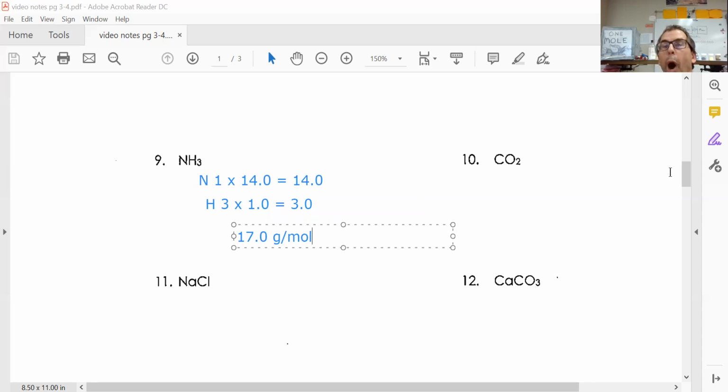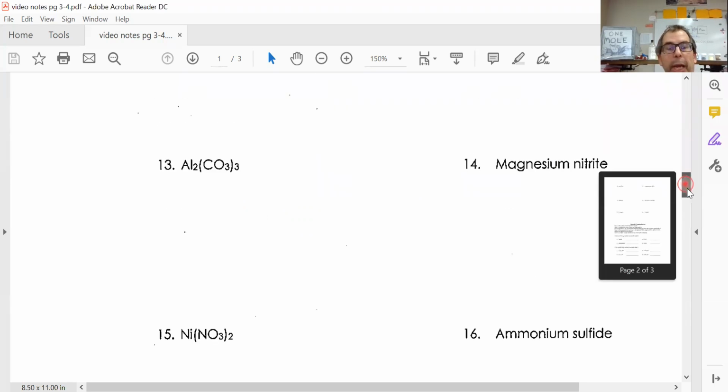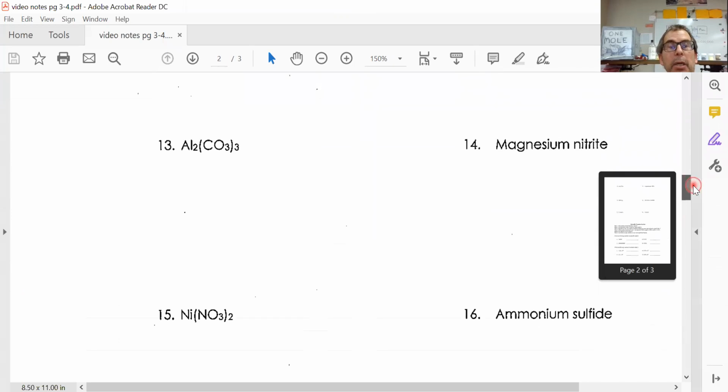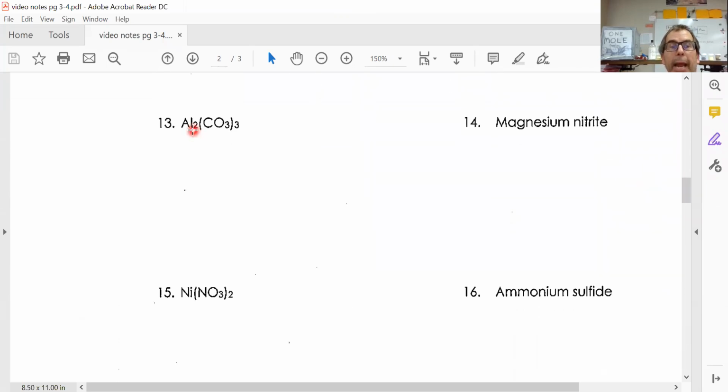I think I'll do one more example of a problem. All right, and it has to do with, let's scroll down there and find it. It's on the next page. It is aluminum carbonate. Okay, so I got Al, C, and O. Let's look up our elements.